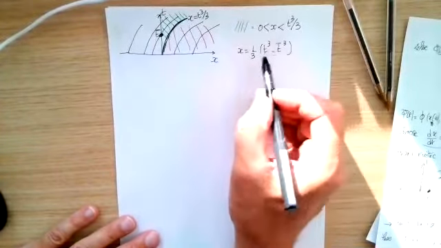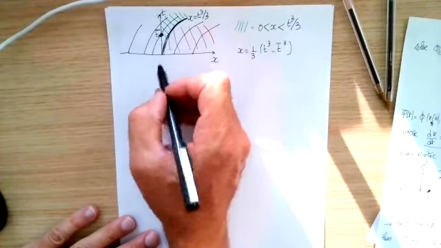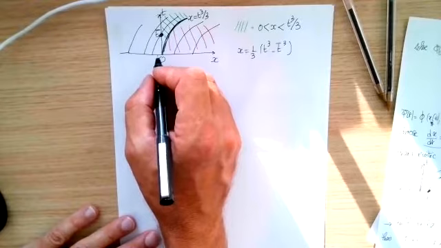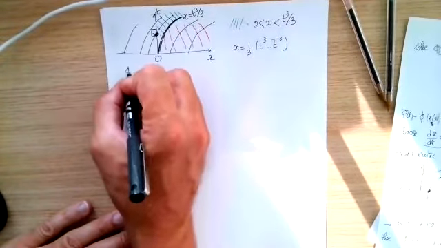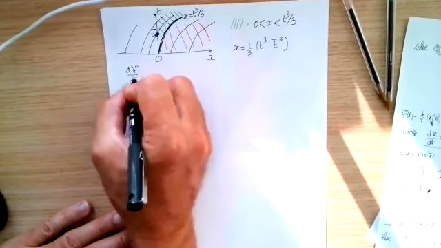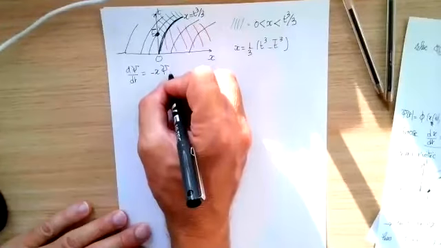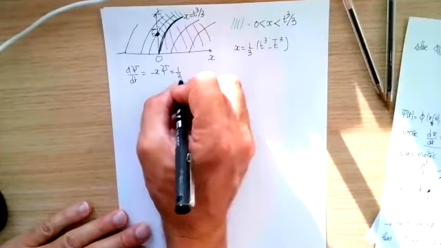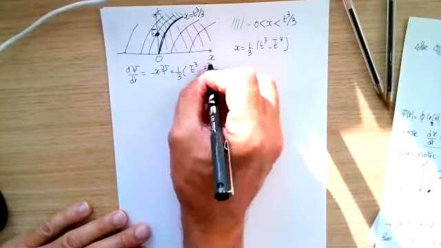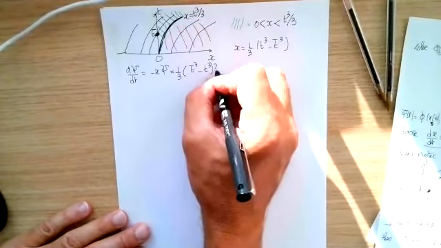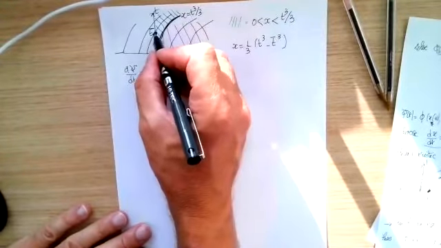And indeed, when t equals t bar, one is here, x equals 0. Okay, and one still has d psi dt equals minus x psi, which is now written as 1/3 (t bar cube minus t cube) psi. And this has to be integrated starting from there.